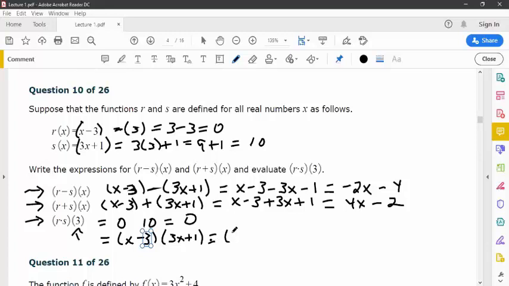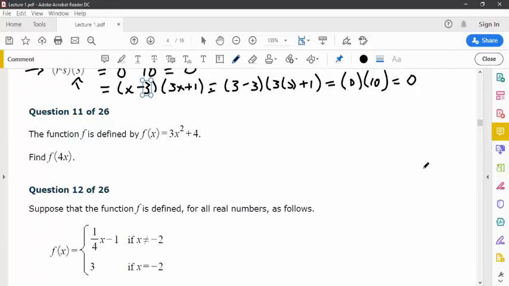So in other words, instead of x minus 3, I would make that 3 minus 3 times 3 times 3 plus 1, and that gives you the same thing, 0 times 10, which again would simply be 0. So there's more than one way to work some of these problems, and either way will yield the same result.